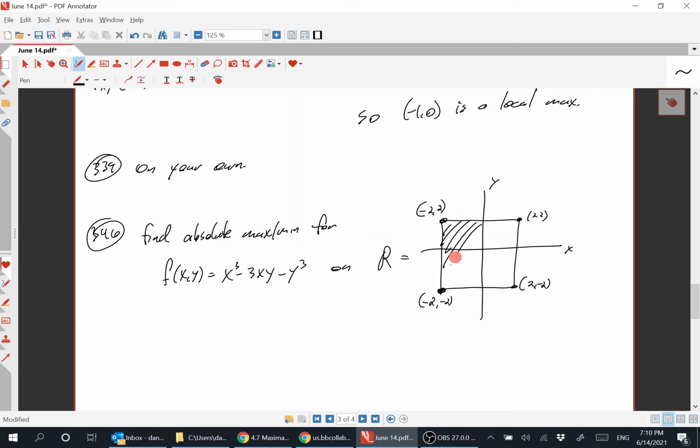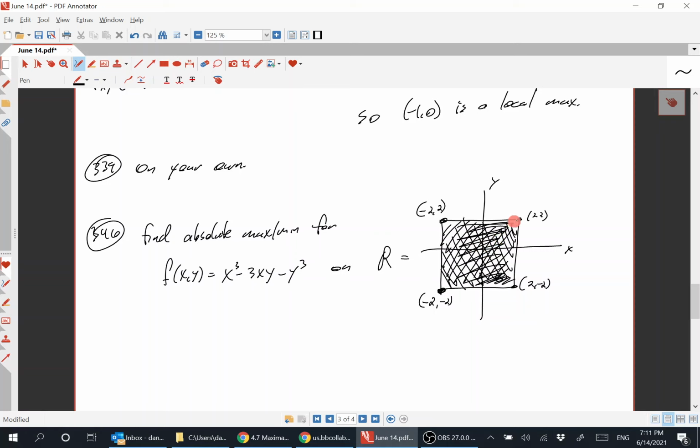So when you have a continuous function on a closed and bounded interval or region like this, the absolute maximum and minimum occurs either at a critical point inside or on the boundary.